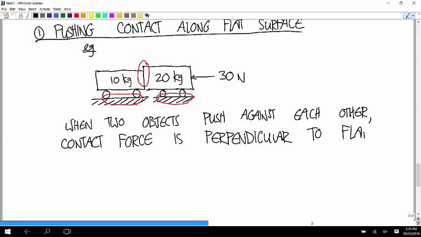That's what I'm always calling the flat surface in pushing contact along a flat surface. And it's always toward the chosen body, away from the contacting body.